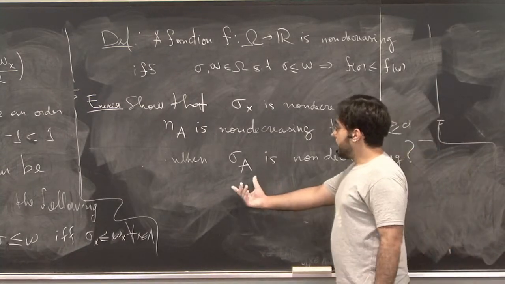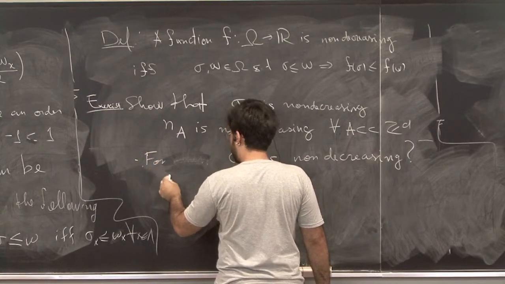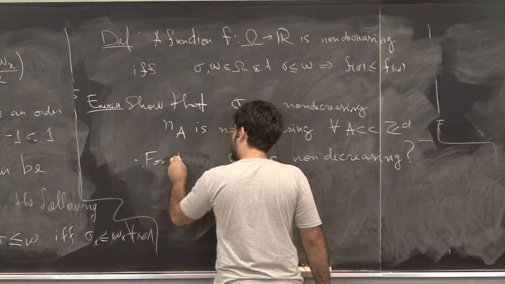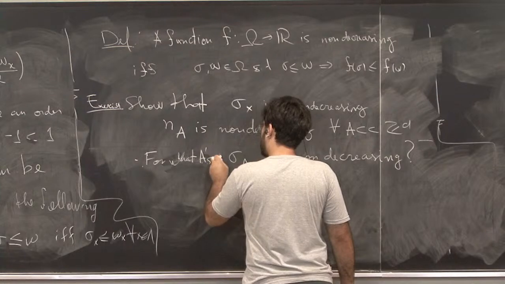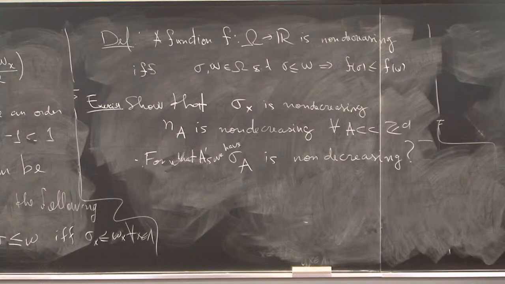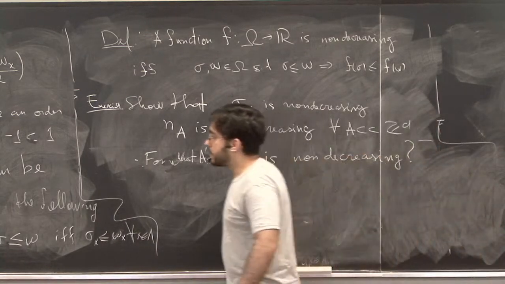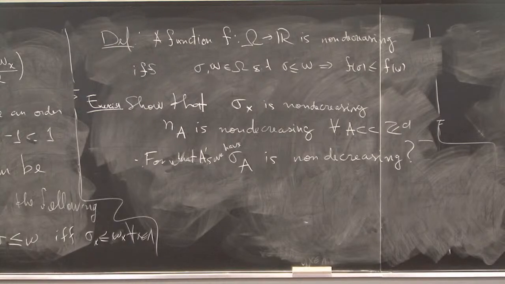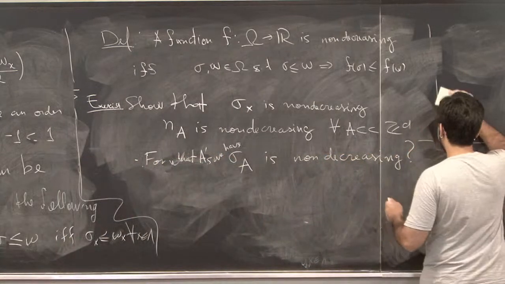For what A's do we have this? This will show you the difference between the occupation variables and the spin variables. So the occupation variables are non-decreasing. They satisfy this property.